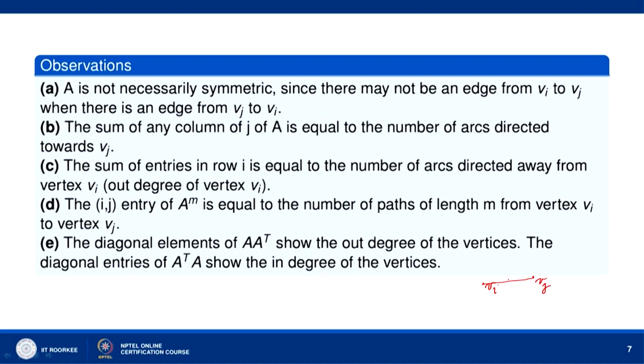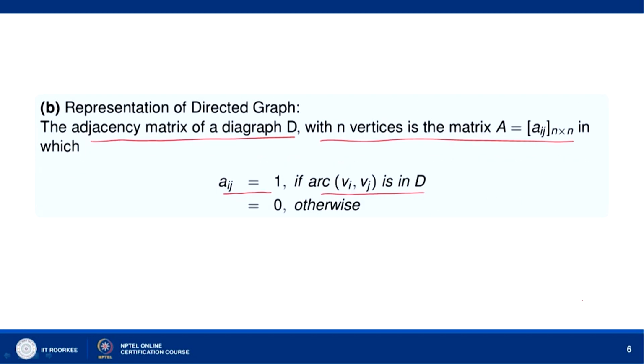We may have the direction associated with this edge from Bi to Bj. Then a_ij will have value 1, but a_ji will have value 0, because the direction is from Bi to Bj, not from Bj to Bi. As we have seen, BiBj means the direction is from Bi to Bj. Bi is the initial point and Bj is the terminal point of the edge.